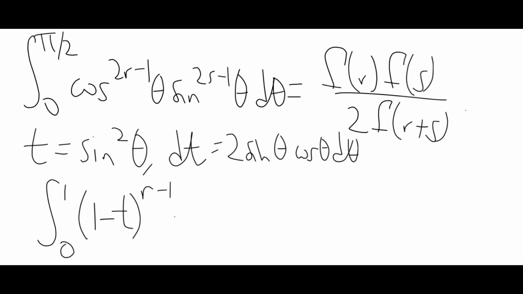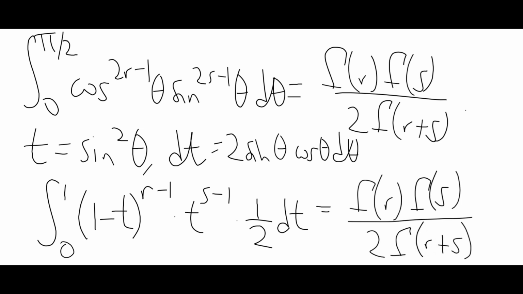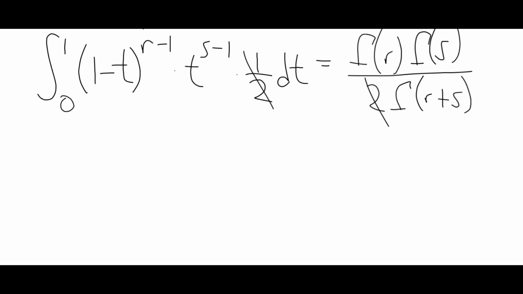And then t to the s minus 1. And then I have a factor of 1/2 dt. Okay, finally, I cancel the factors of 1/2, and I get the beta integral that I want.